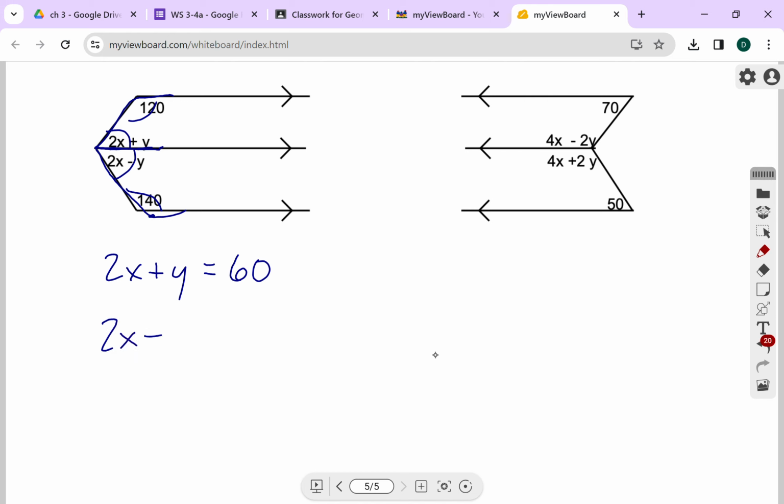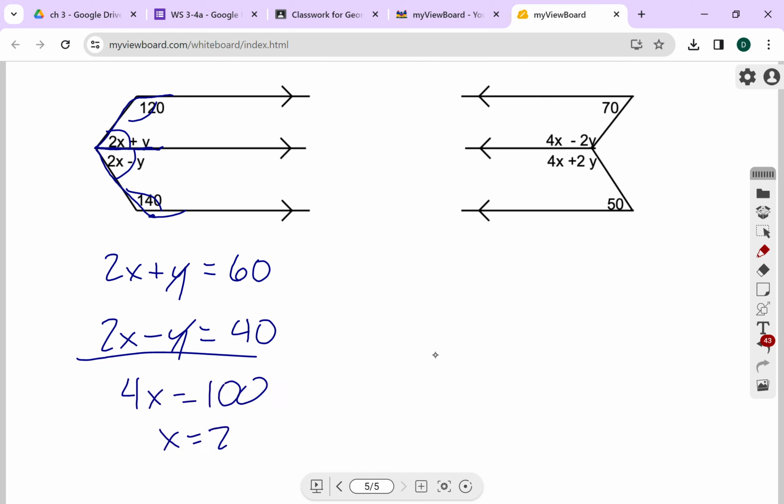The other 2x minus y is equal to 40 because I already subtracted that 140 from 180. Now I just combine those two equations because the y's cancel out. So I get 4x equals 100.